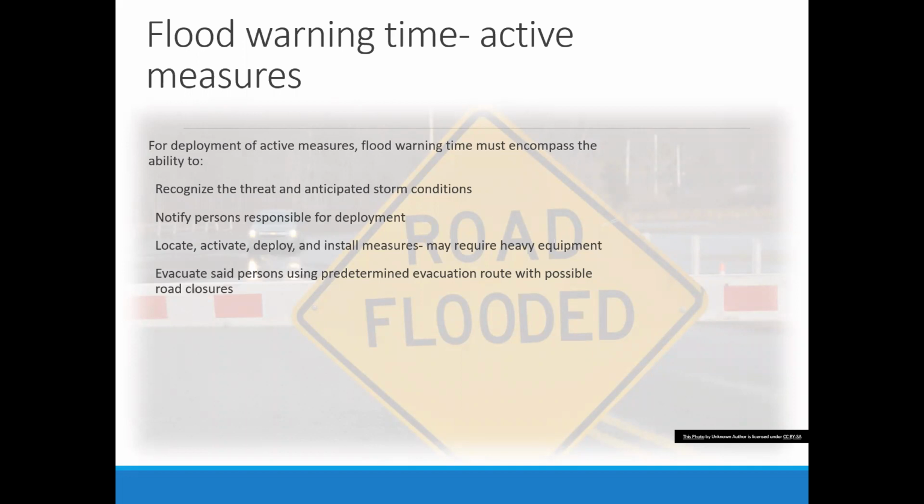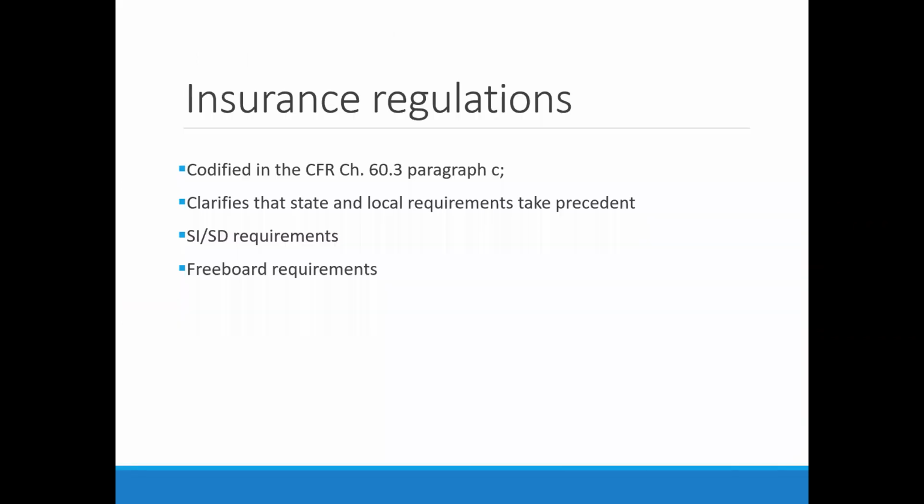And then they have to evacuate safely on some kind of predetermined evacuation route. There could be road closures, and any number of issues could go wrong here. So that's why they have detailed instructions, emergency operations plans, and trained personnel.